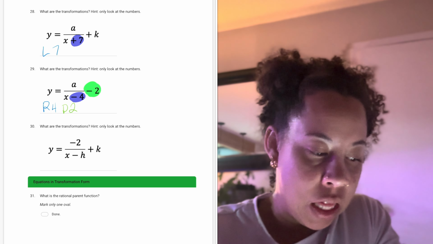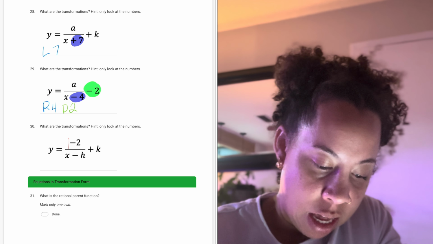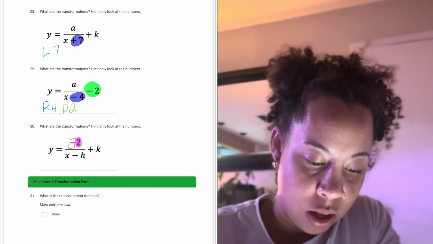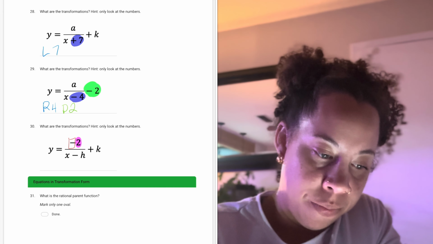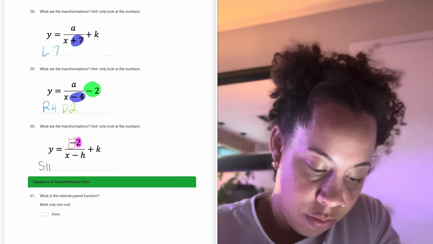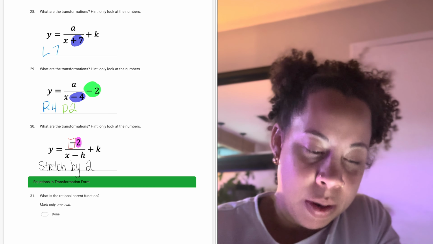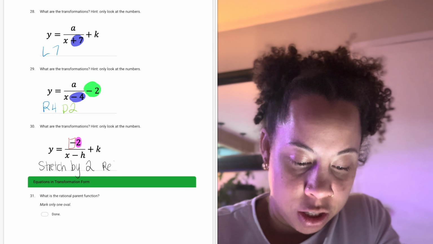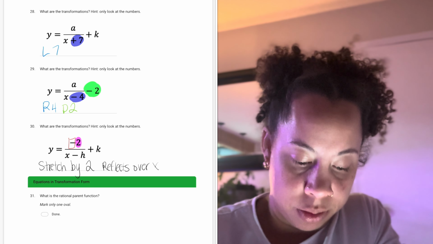And then finally, this one was a little bit tricky because of this negative out front. Okay, most of you guys knew that this 2 meant a stretch by 2. But that negative out front is what got a couple of you guys, which is a reflection over x.